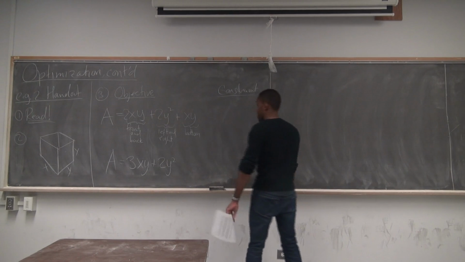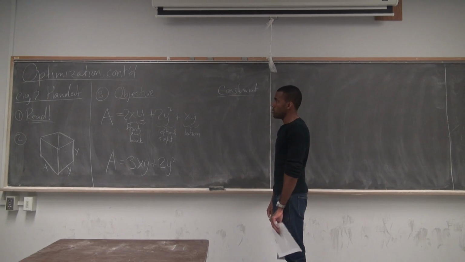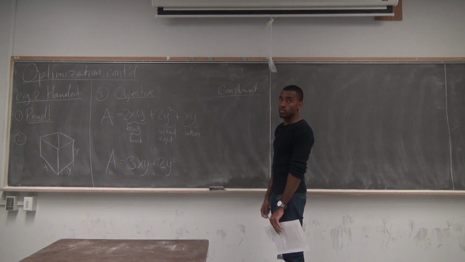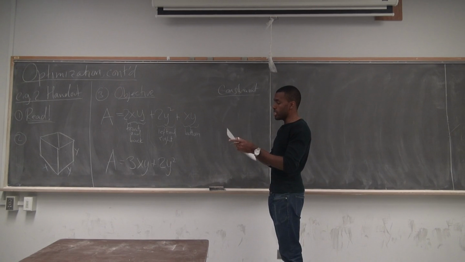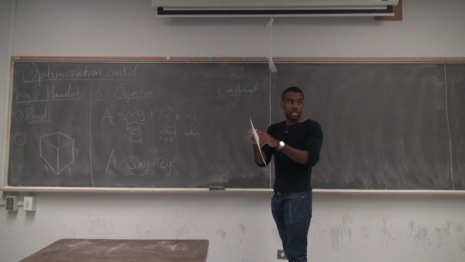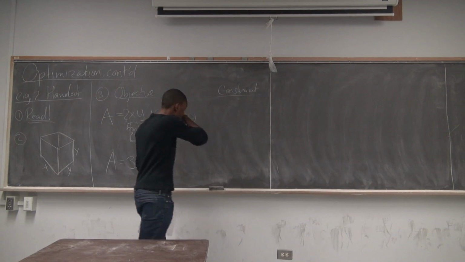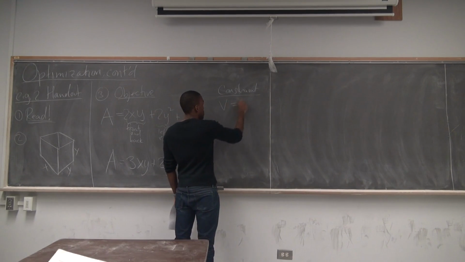Okay, what's our constraint? What's the restriction here? Okay, so remember the constraint is often the one that they actually give you a value for. Here they told us the volume was 36, which means that's what the volume has to be. That's a restriction. That's a constraint. So we know that the volume must be 36.